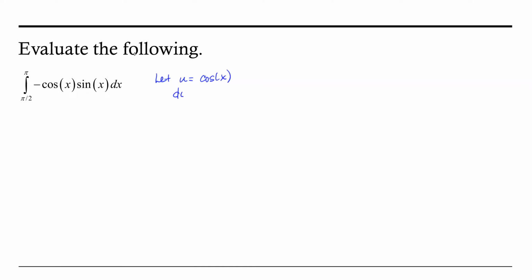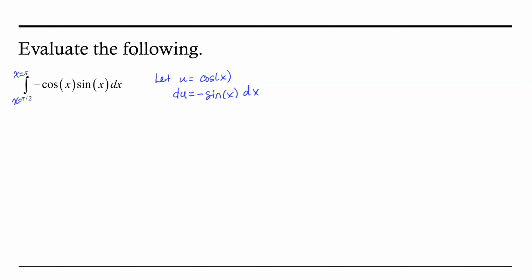Then my new differential du is the derivative of cosine of x, so that's negative sine of x dx. Now, as we go about transforming our integral into a new integral with the variable u, we also are going to transform our limits of integration.